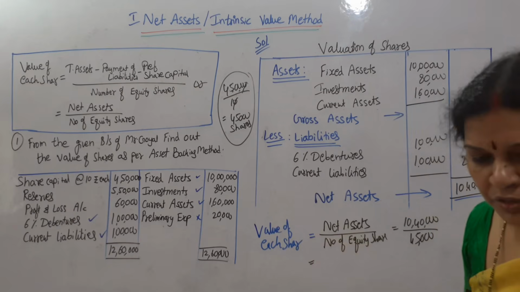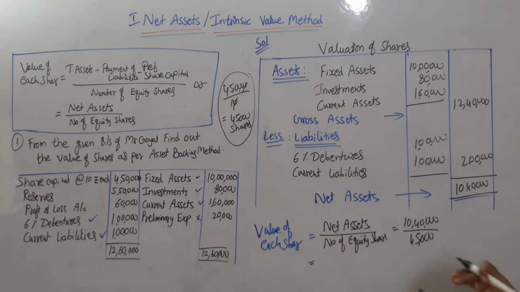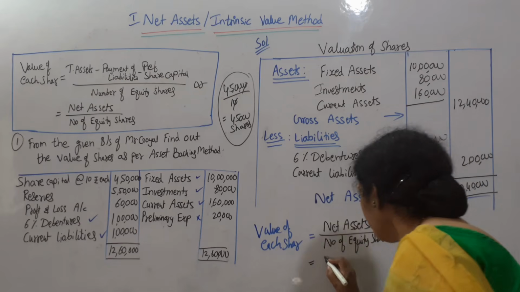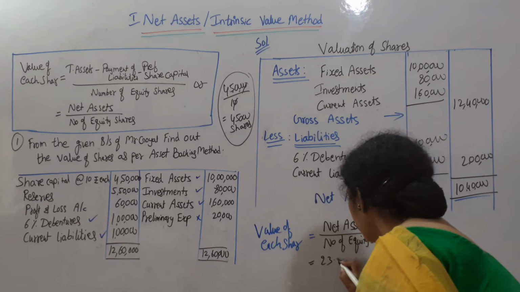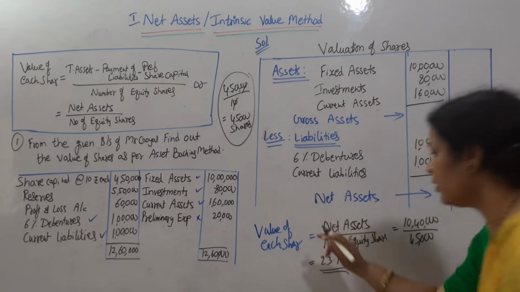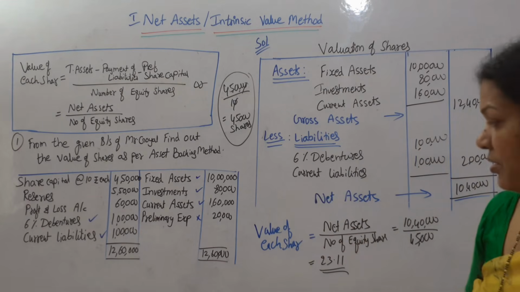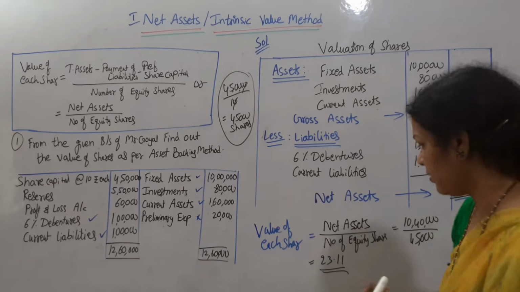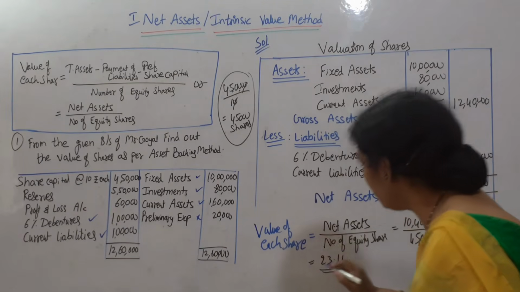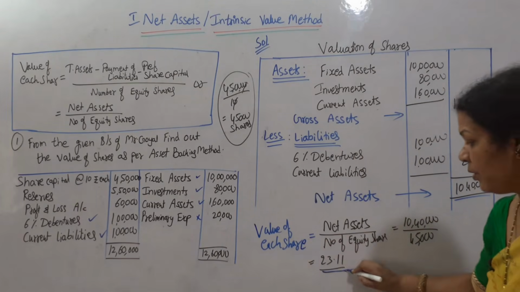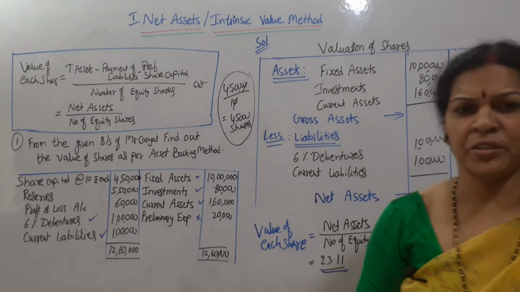If we calculate 10,40,000 divided by 45,000, it comes to 23.11. Value of each share is 23.11. Simple, there is nothing to worry.